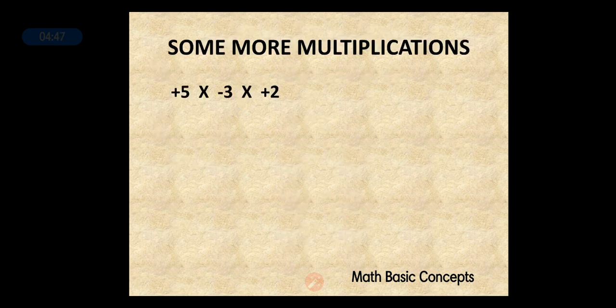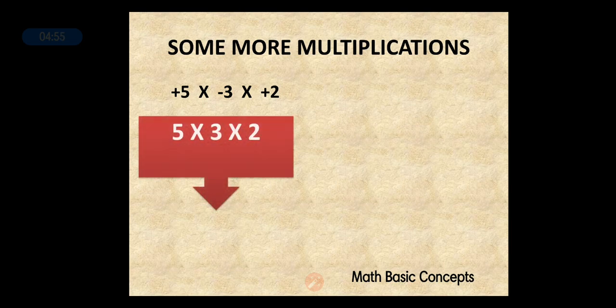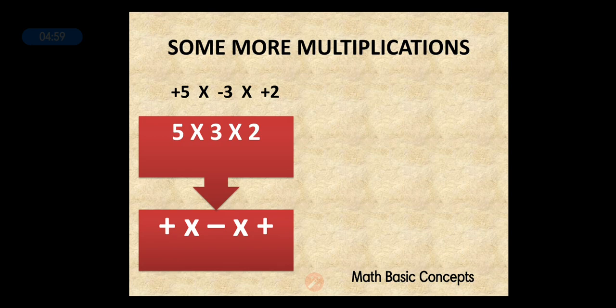Now, following the same rules, let's multiply these three integers. First, multiplying the numbers, then multiplying the sign. When we multiply the numbers, we get 30. When you multiply the sign, plus multiplied by minus, positive multiplied by negative becomes negative.